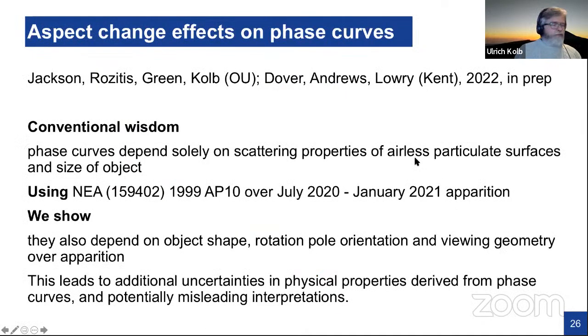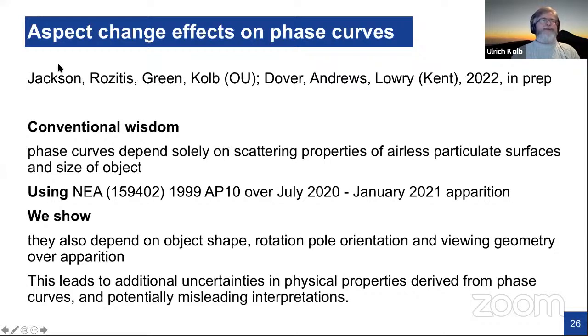In the last part of my talk, I will speak about a new study, which is a paper we are working on, in advanced stages of preparation, but not yet submitted.